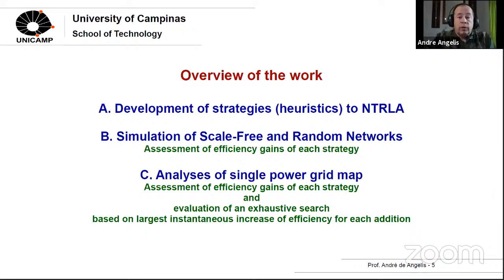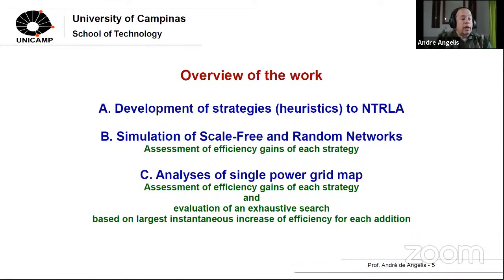Let me show an overview of the work. We developed a series of strategies, or heuristics, for the problem. We performed simulations with scale-free networks and random networks. I can say that this is the abstract part of our research. We assessed the efficiency gains of each strategy in these models. And we have a practical part, a real-world example.